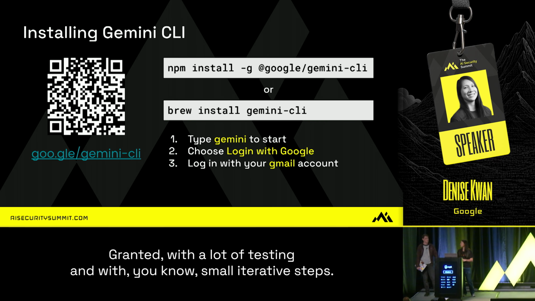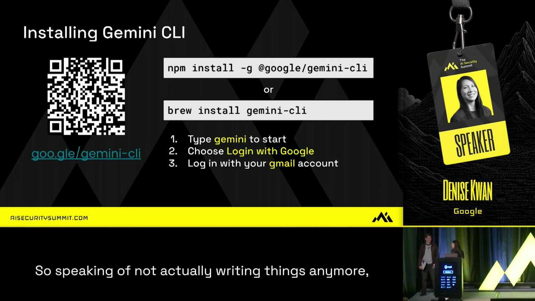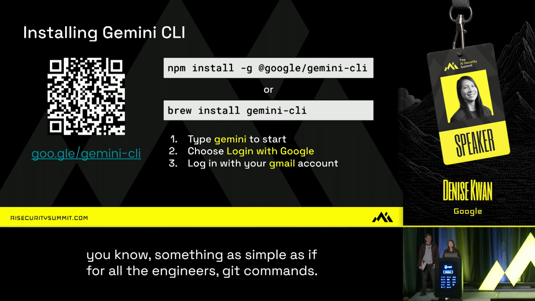Cool. Speaking of not actually writing things anymore, take something as simple as Git commands for all the engineers. Yes, we're going to remember how to add and how to commit, those basic things. But what if you screwed up and accidentally committed an env file that you need to pull off of your repo?